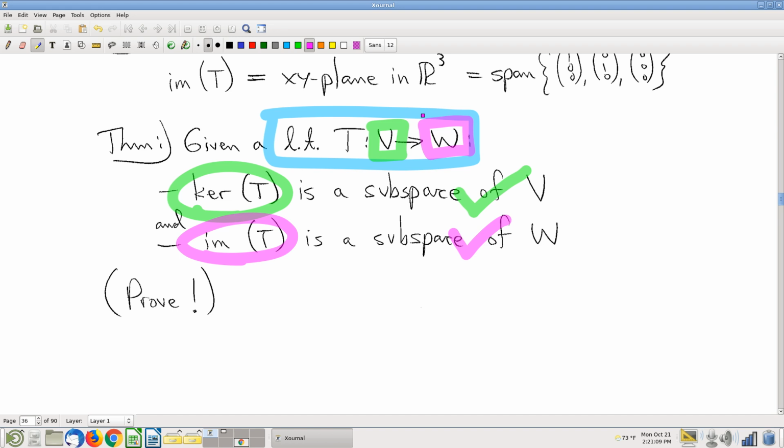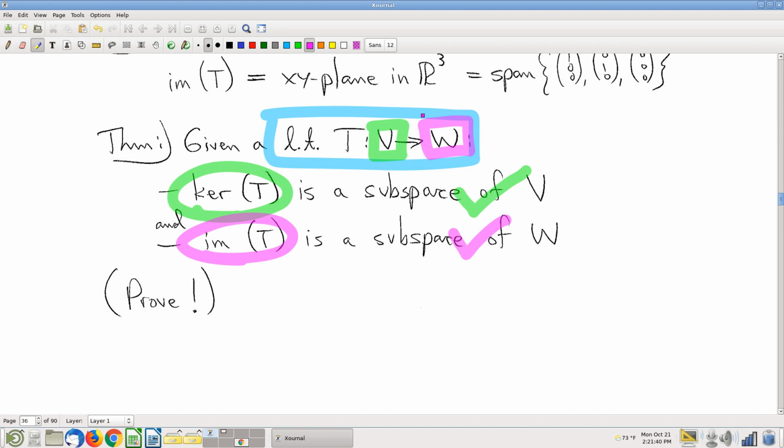So where have you seen a proof that a kernel is a subspace? Well, I haven't shown you that exactly, but look in the lecture notes way back in chapter 2. I did show you that the set of homogeneous solutions for a matrix was a subspace. So structurally, that proof is going to look a lot like what you're aiming for here. Likewise, I haven't shown you anything about an image being a subspace. Well, of course not, we just defined this.